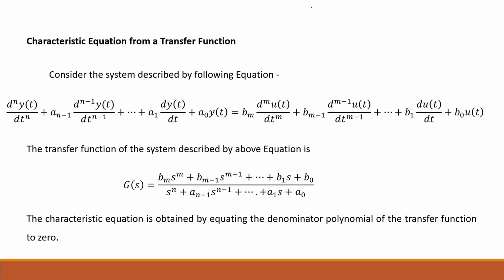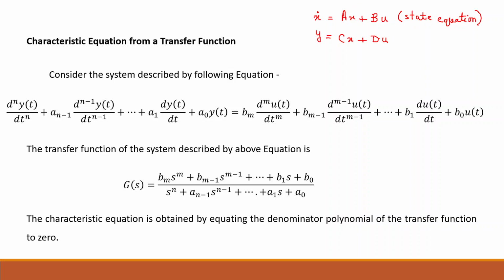The first equation is known as the state equation, which is represented as x dot equals Ax plus Bu, and y equals Cx plus Du. Why is it called the state equation? Because it defines the dynamics of the state with respect to the input.